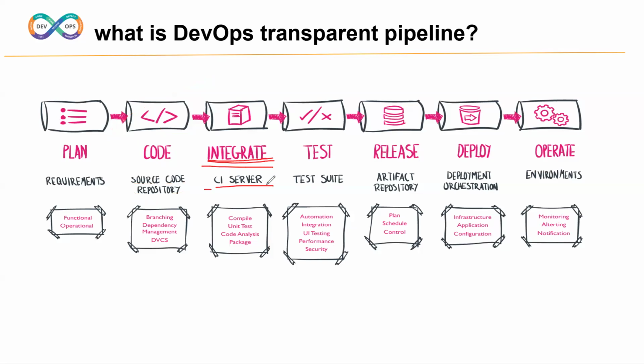By using a CI server, a continuous integration server, we integrate all lines of code continuously. The developers keep on writing continuously, and we keep integrating those lines of code continuously.